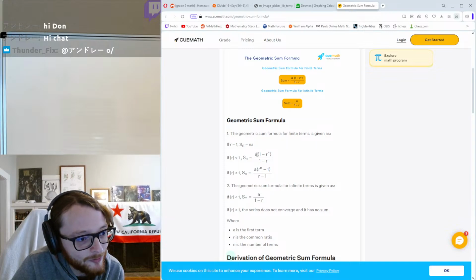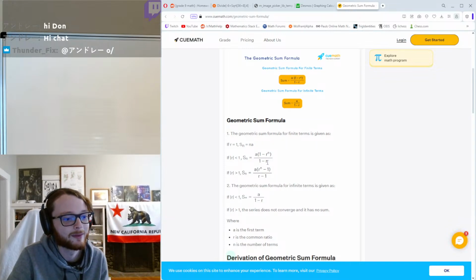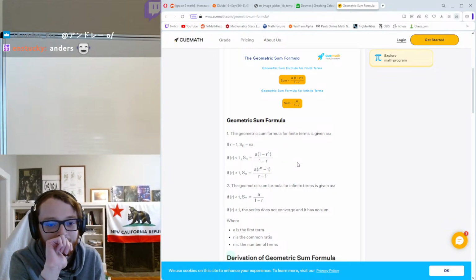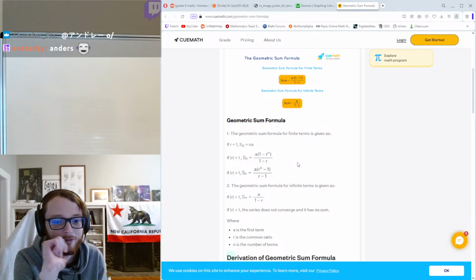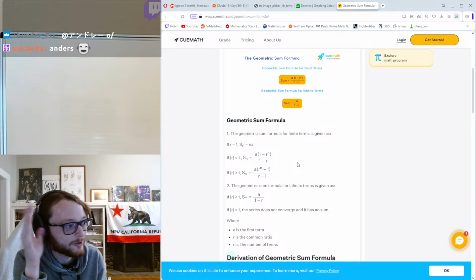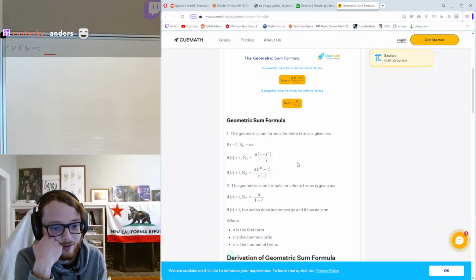I assume it is. I'm just like, Q to the n minus 1. Oh yeah, it is the same thing. Okay. So the thing is, we don't know what R is, which is why I was hesitating to use this formula.